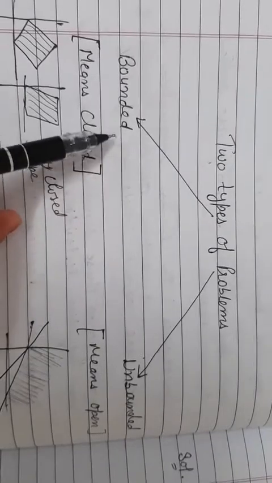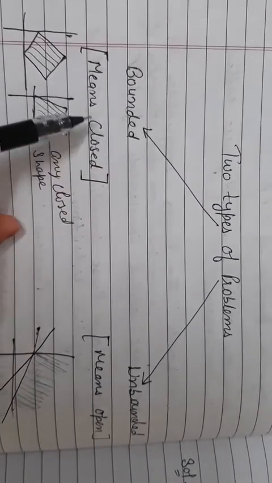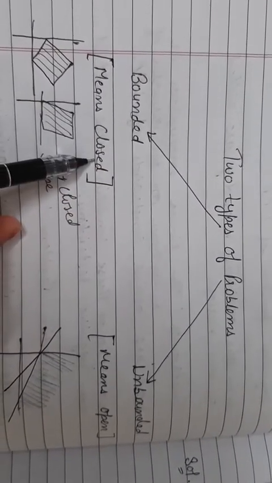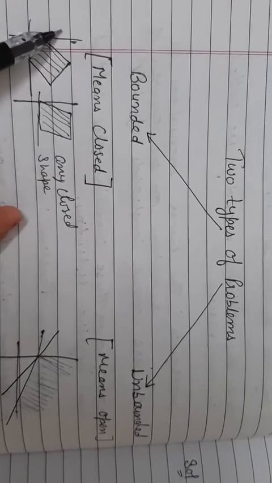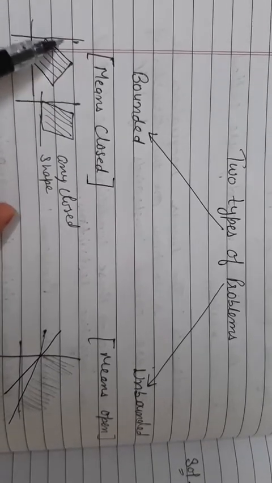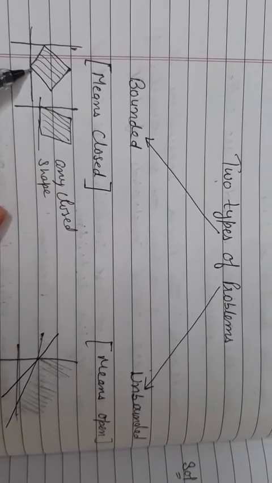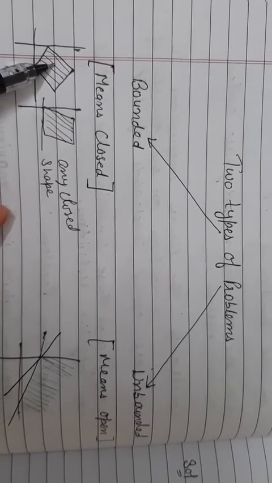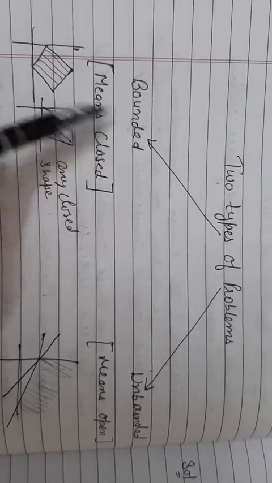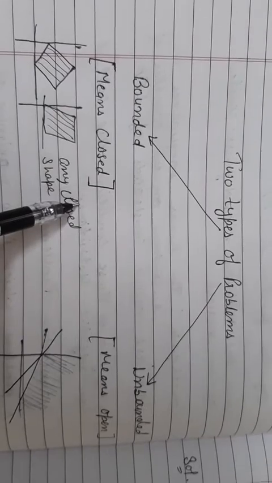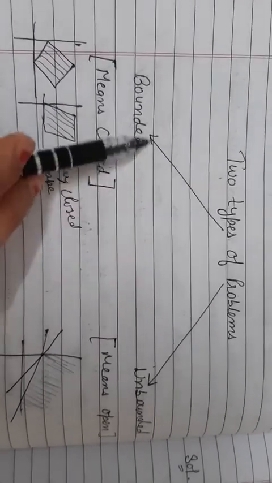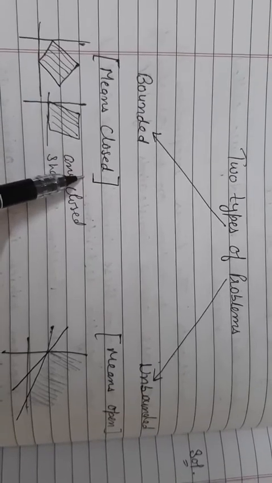So two types of problems we will discuss here. Firstly, bounded means closed. When you draw the lines, you can get a closed region. This closed region is called a bounded region, and it can be of any closed shape. This problem we will discuss.